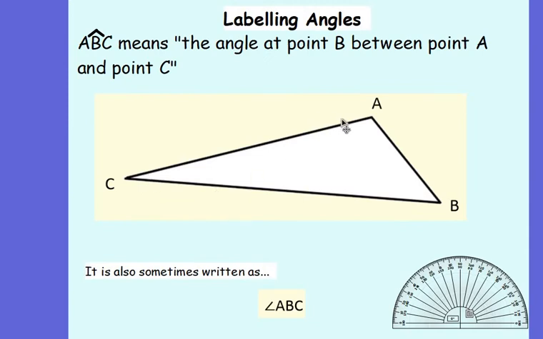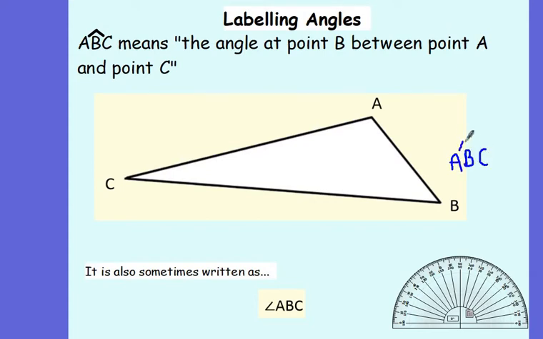Here's a triangle. I've labelled it ABC. If I'm asked for the angle ABC, this means the angle at point B between points A and C. So we've called it ABC.